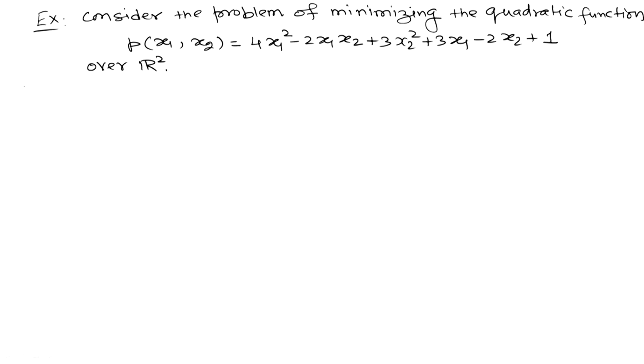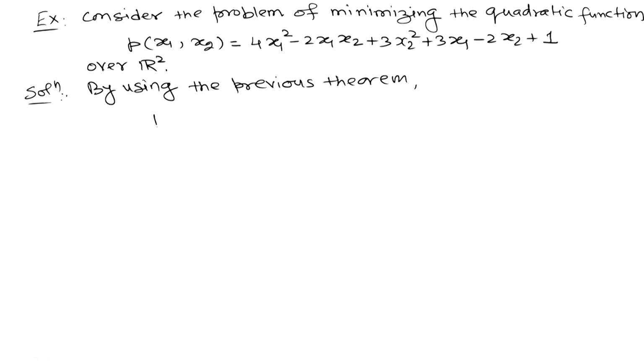So, how to solve this particular thing? By using the previous theorem which we have stated just now, if the associated matrix K is symmetric, positive definite, then it will have a unique minima. So, let us write this p in the matrix form.